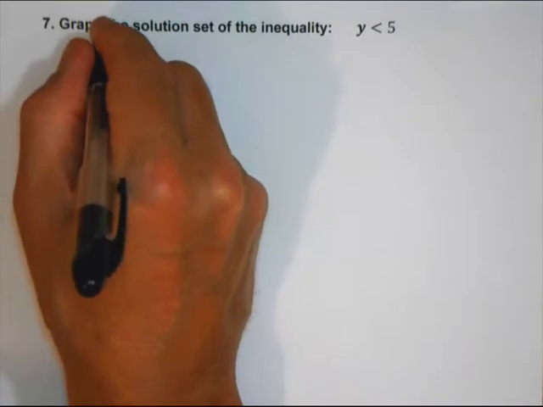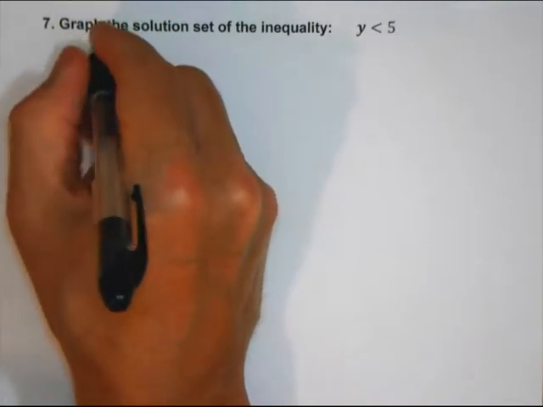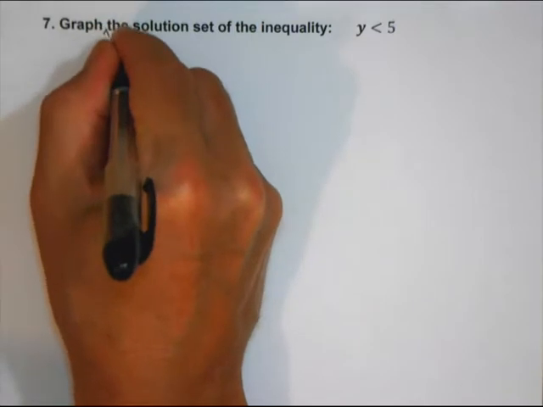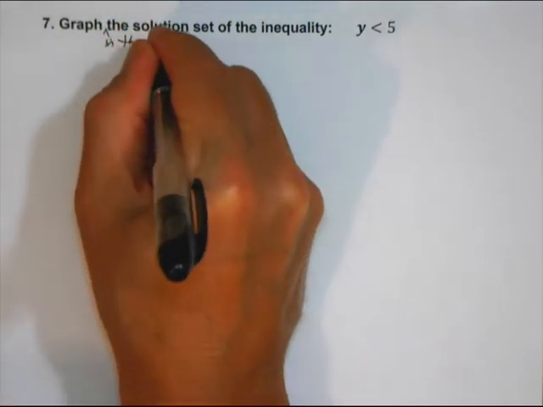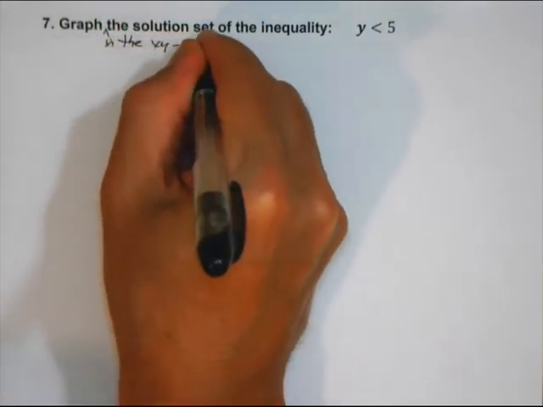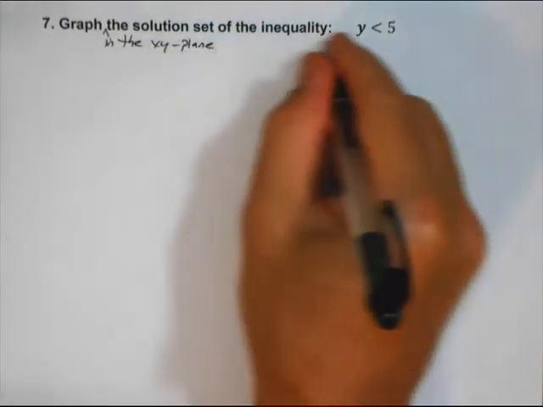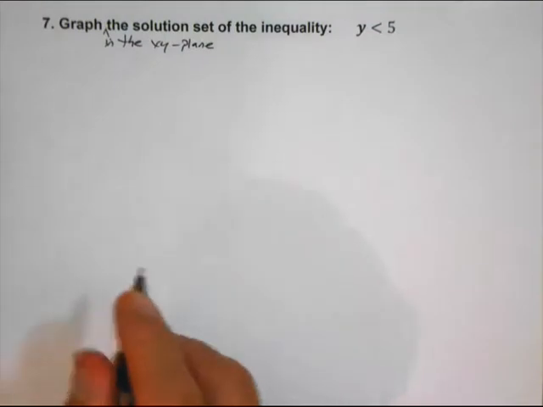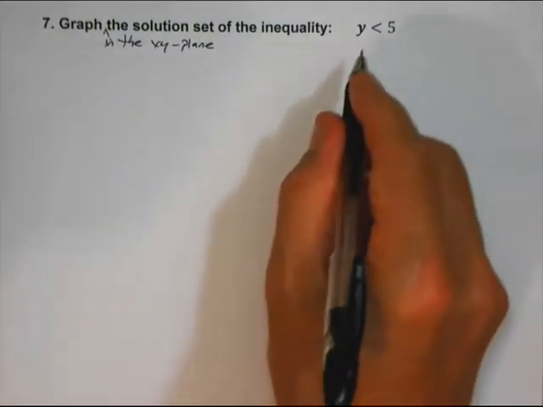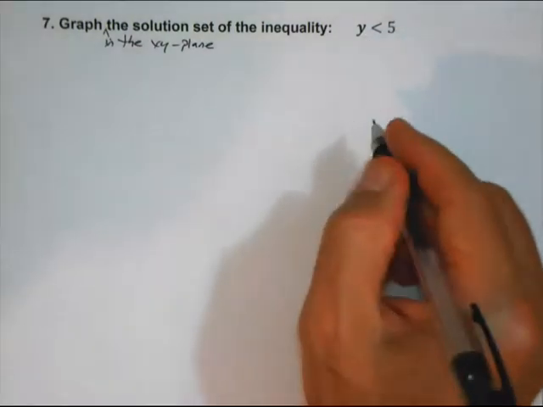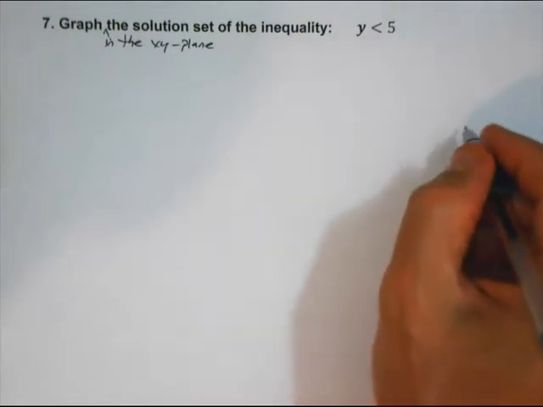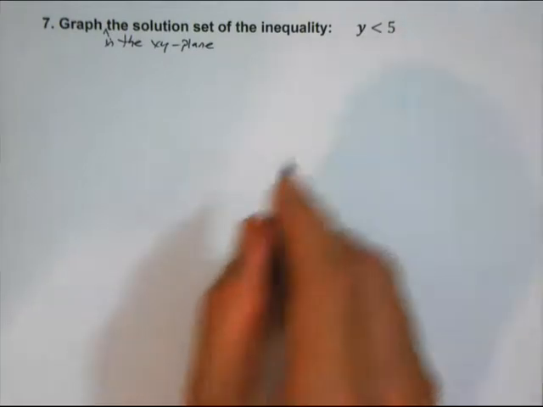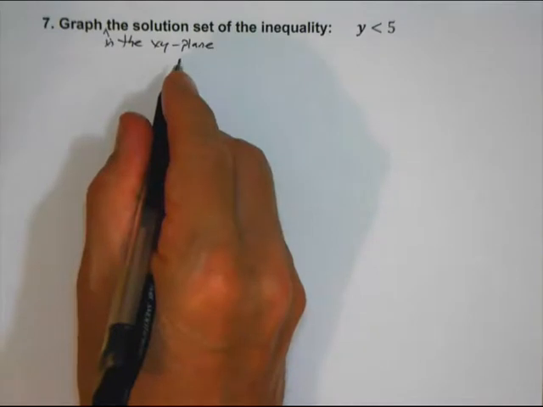You might see a question like graph, and in here you might see in the xy plane the solution set of the inequality y less than 5. This way you know you can't, for instance, just take out a simple number line and take the numbers 5 and to the left and call that your graph. No, we're supposed to be in the xy plane here.